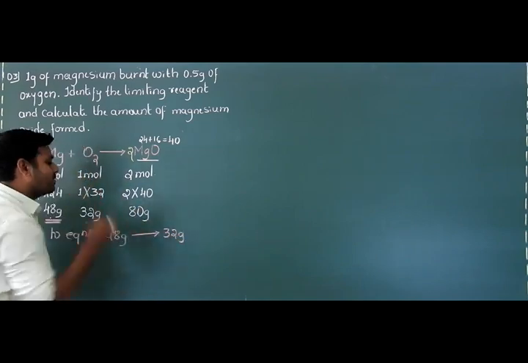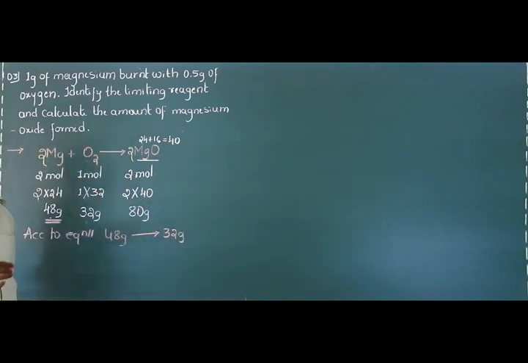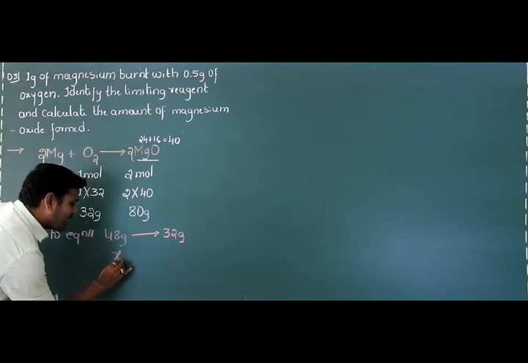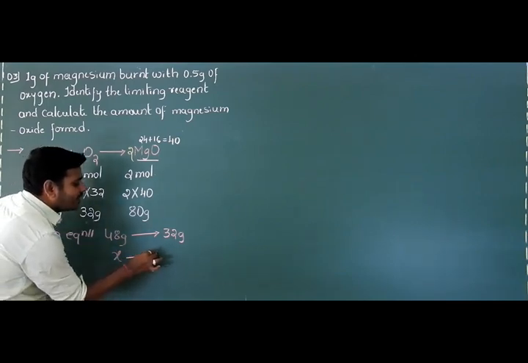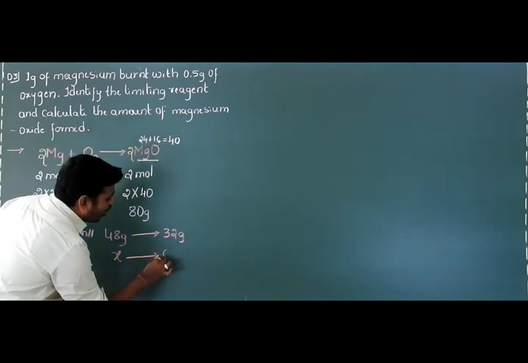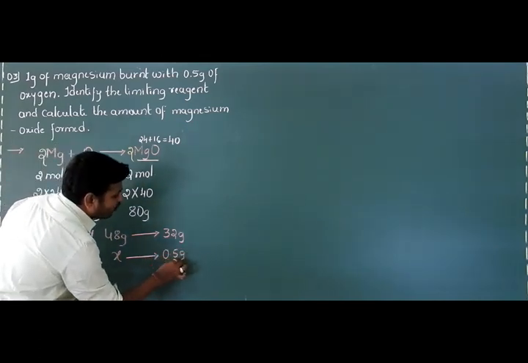gram of oxygen. Now let us calculate how much amount of magnesium is required to burn with 0.5 gram of oxygen.